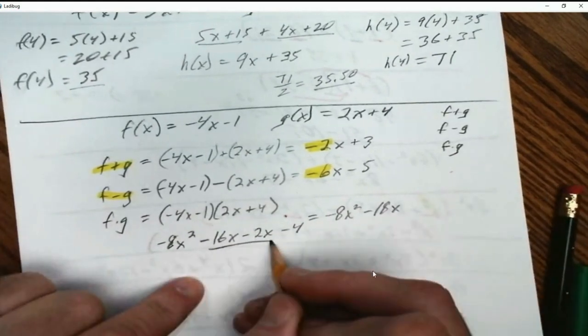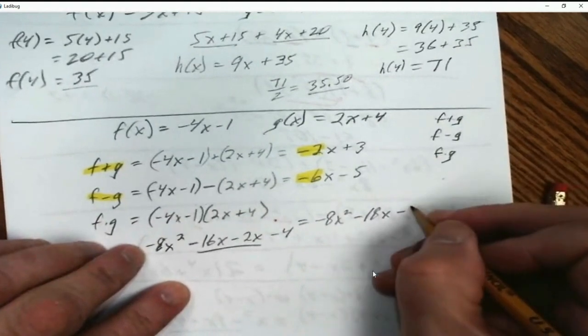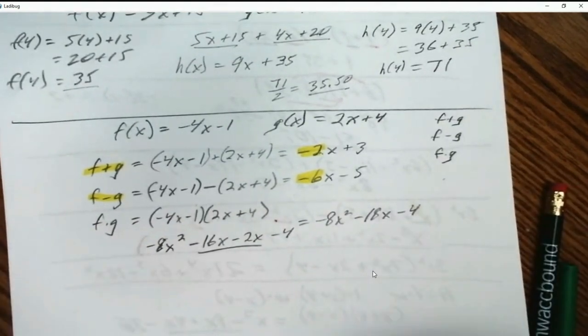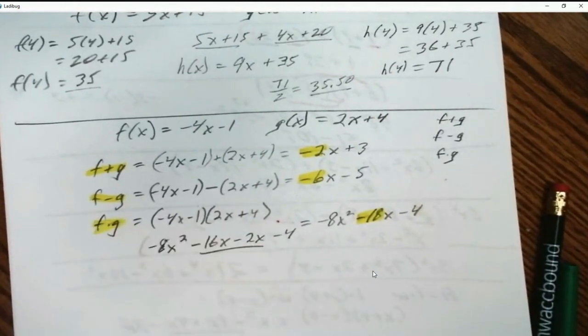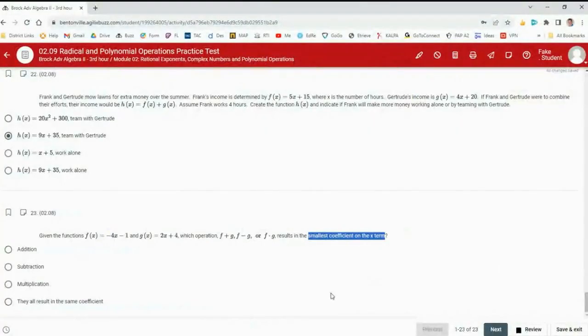So these combine, negative 18x minus 4. Negative 18 is the coefficient on f times g. Let's see what choices they give us. Multiplication has the smallest coefficient on the x term.